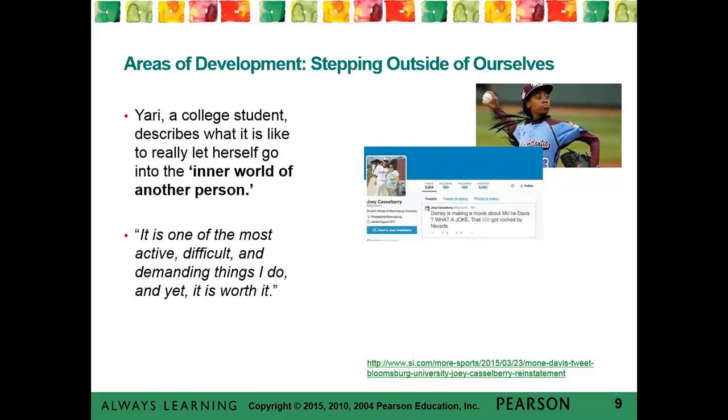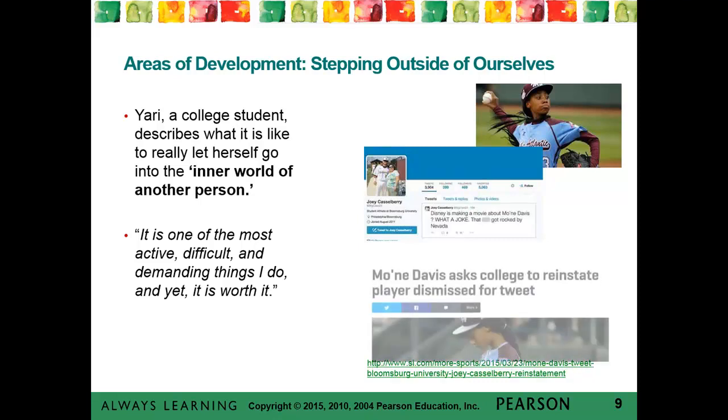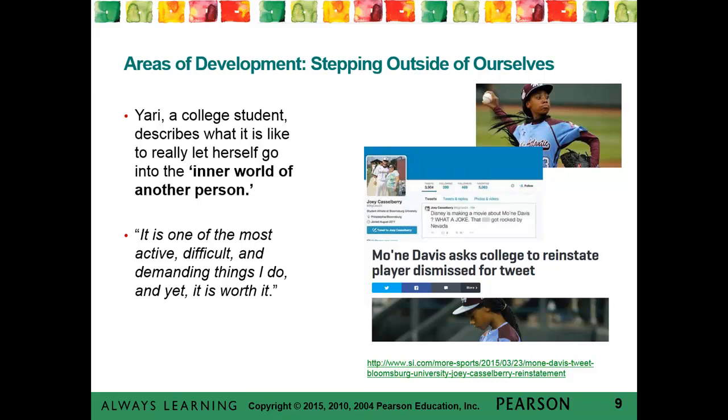And because of that sexist joke, the university president dismissed him from his baseball team, and I believe from the university. Now, Monet Davis, who understands what it takes to be a really good baseball player and someone who craves this sport as one's livelihood and real interest, she really felt sorry for this young man at Bloomsburg University.